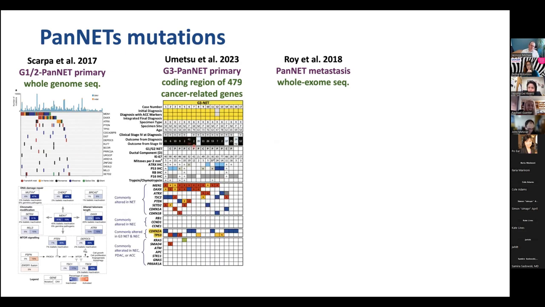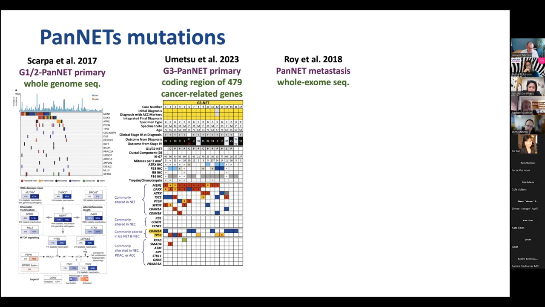Okay, so we have more studies now focusing on the G3 NETs, which I would like to highlight here. The first one was published in 2023, so last year. Very important here is that they selected 479 genes, so it wasn't a whole exome, but this allows you to amplify the genes in the areas you're interested in.